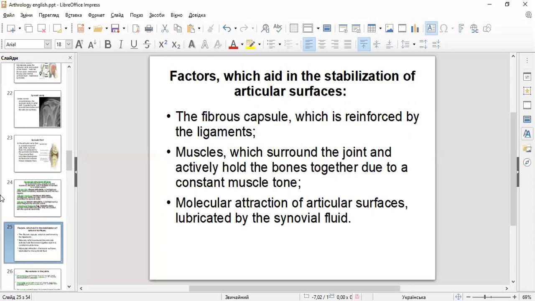Muscles, which surround the joint and actively hold the bones together due to a constant muscle tone. Molecular attraction of articular surfaces, lubricated by the synovial fluid.